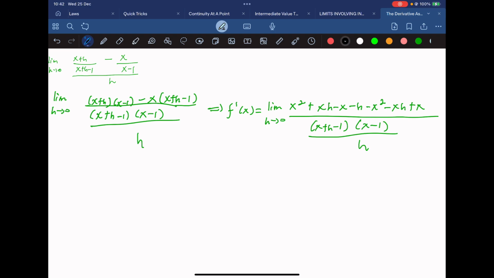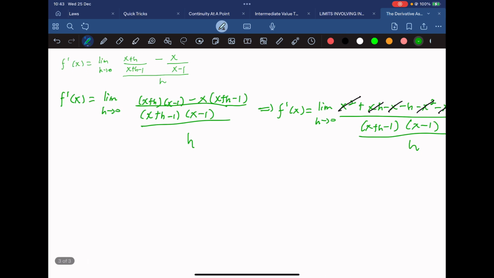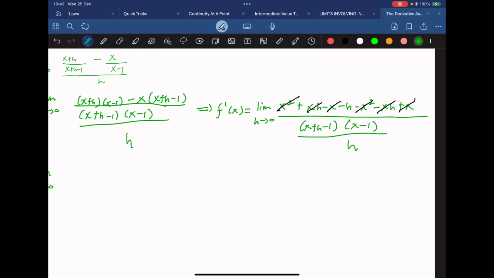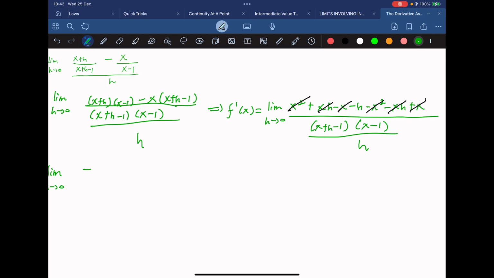Now we see that x squared will cancel x squared, xh will cancel minus xh, and negative x will cancel positive x. So we are just going to have f prime of x equal to the limit as h approaches 0. In the numerator, we just have minus h. In the denominator, we have x plus h minus 1, then x minus 1. Everything divided by h.